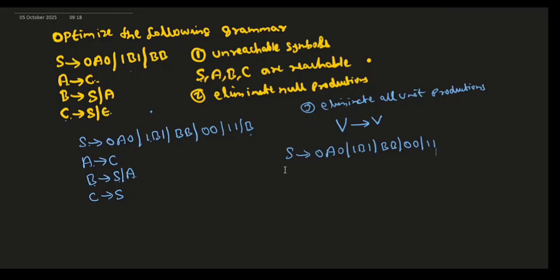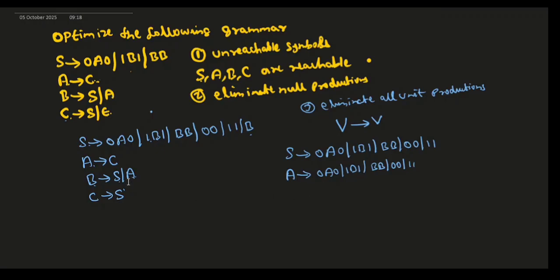Now A tends to C is a unit production, and this C can again be substituted by S, and S has this production. So A can be replaced by 0 A 0, 1 B 1, B B, 0 0, 1 1.